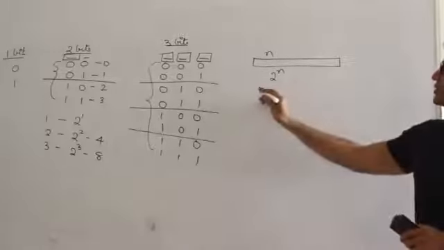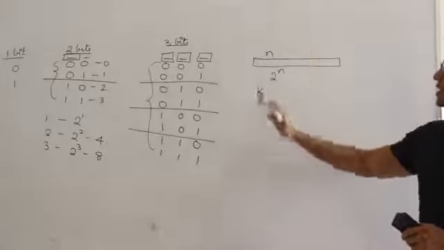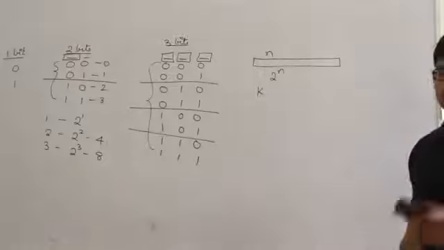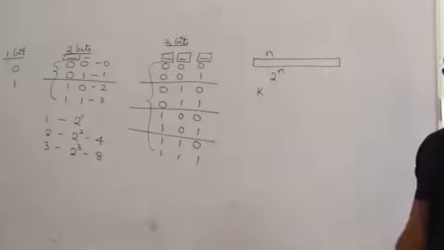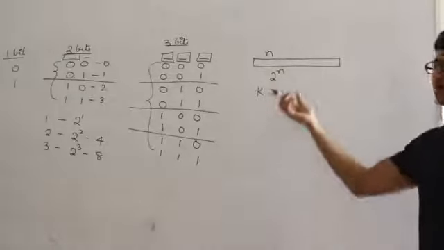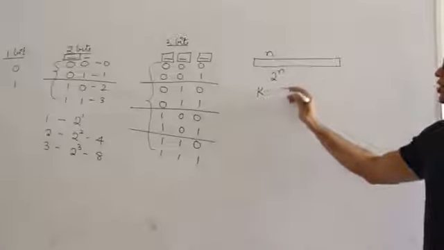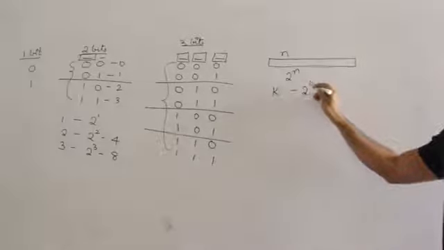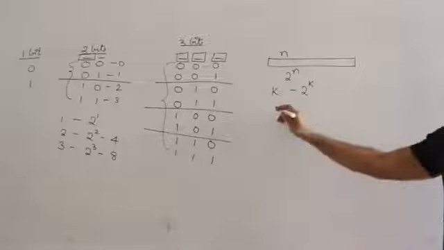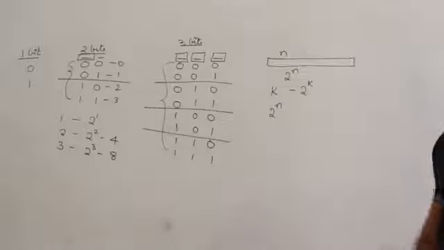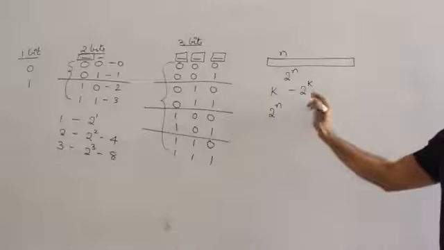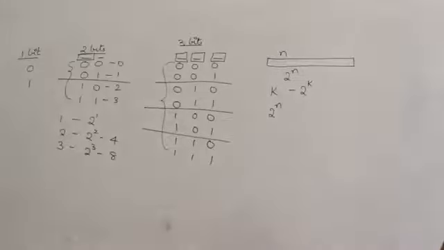And if I choose k bits anywhere, the first leading part or any part, then you are dividing the entire number system into 2 power k parts, isn't it? So totally there are 2 power n numbers. By choosing k bits, you are dividing it into 2 power k parts.